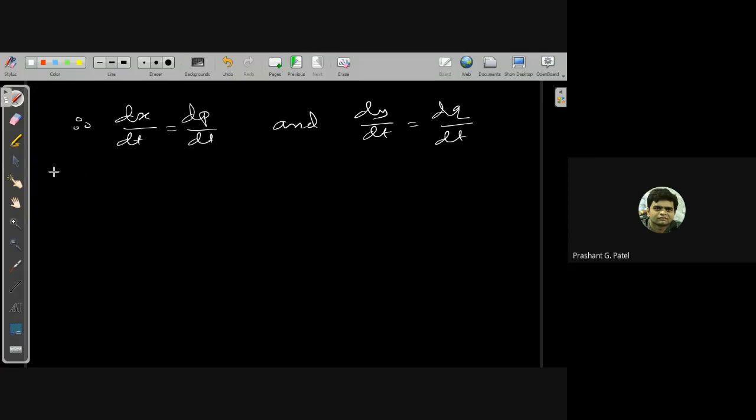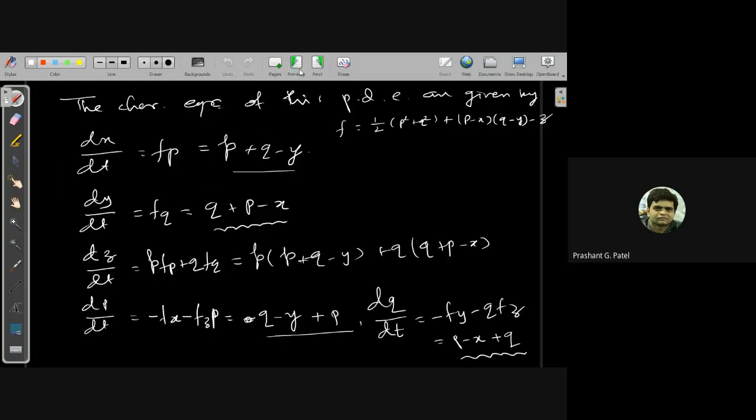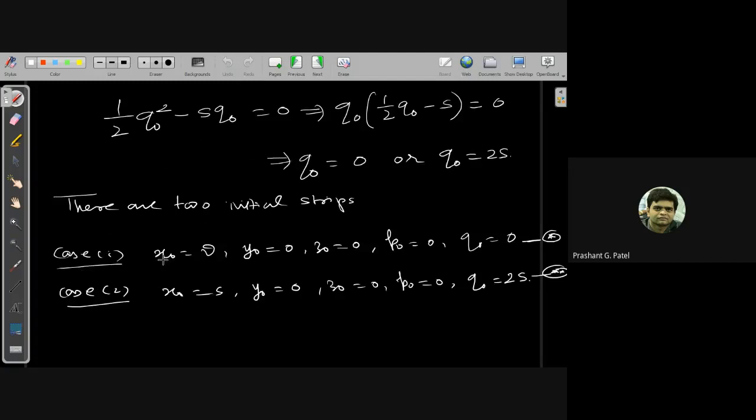Now in case 1, so we are solving for case 1. So what is case 1? Let me write it down. The case 1 is this.